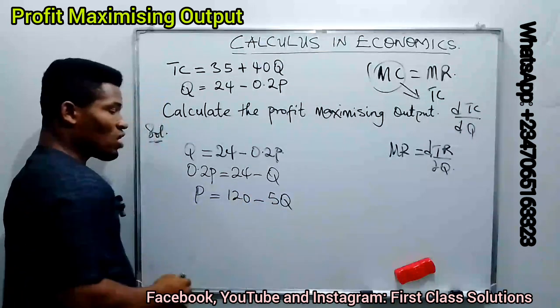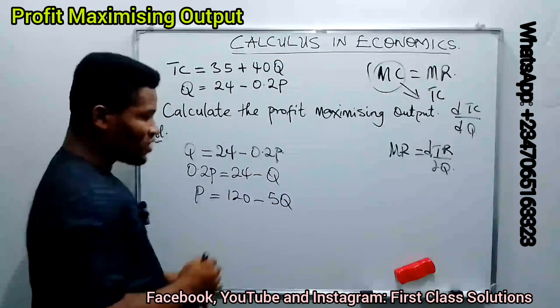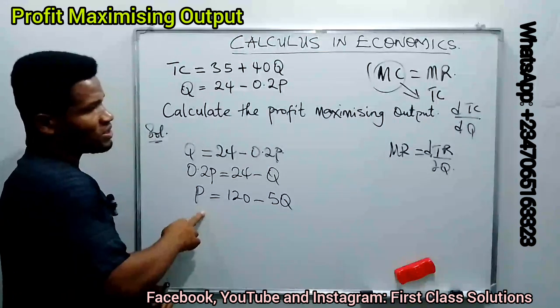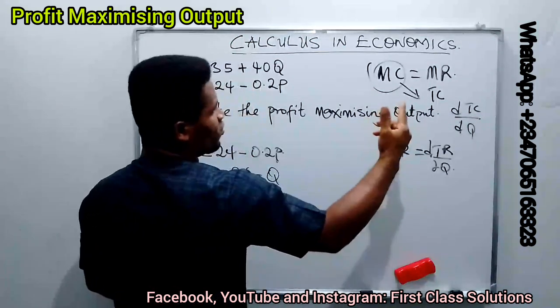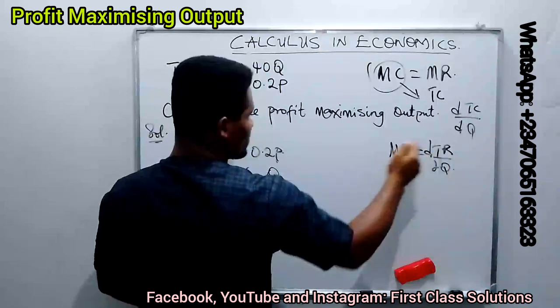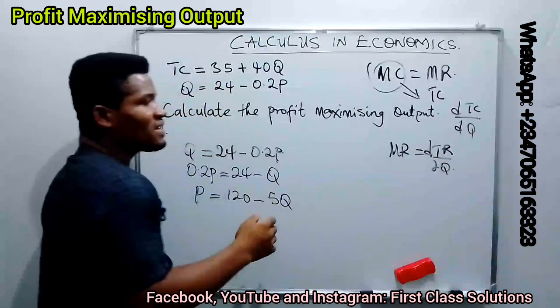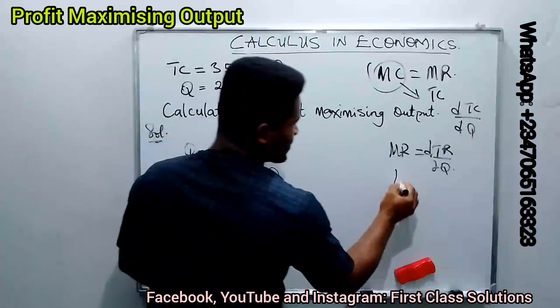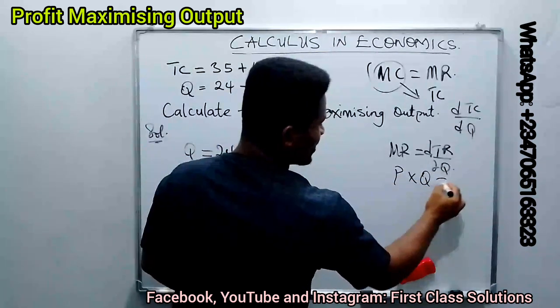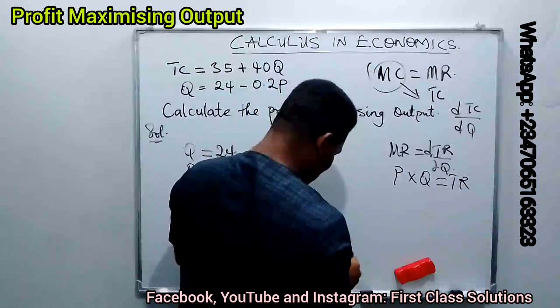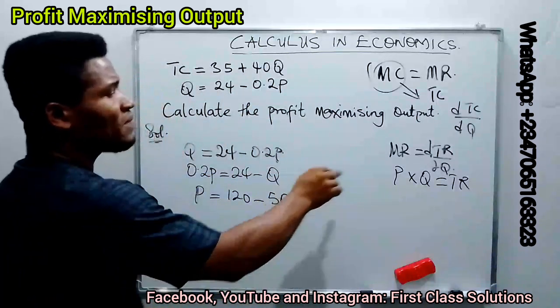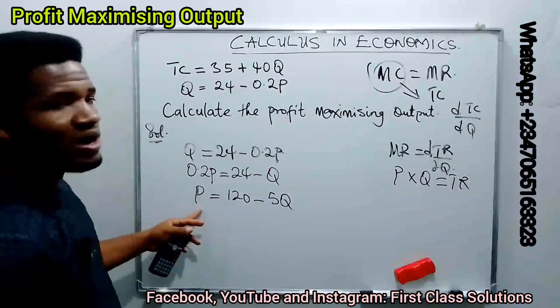So if you have 120 minus 5Q as our P, it means that the price is this. But we remember we are looking for total revenue. Total revenue is obtained by multiplying price times quantity. In multiplying price by quantity, we already have our price function here.